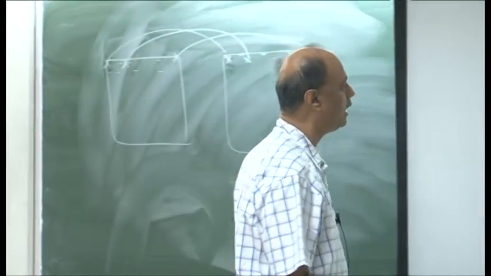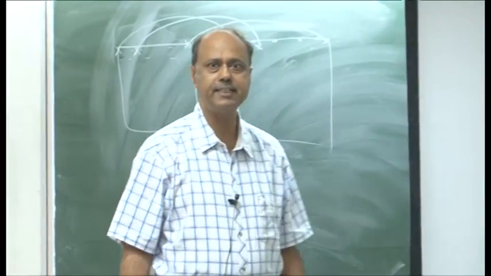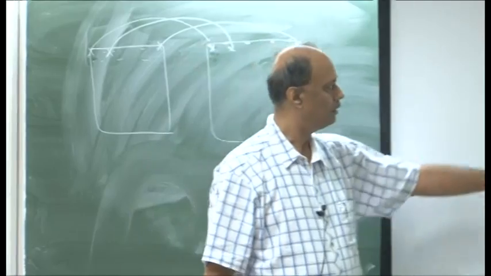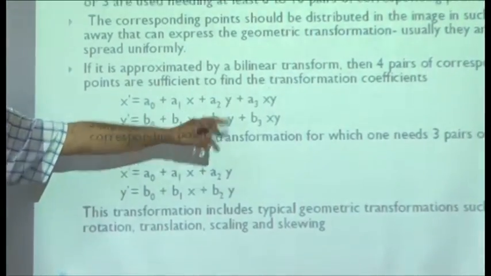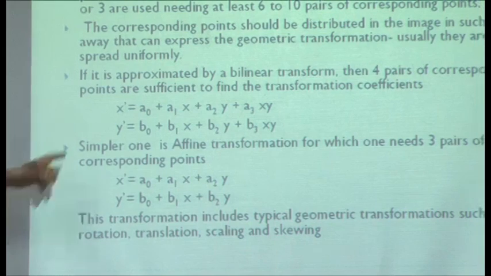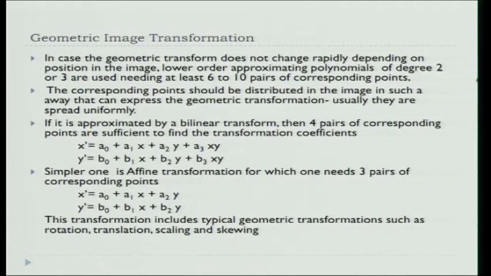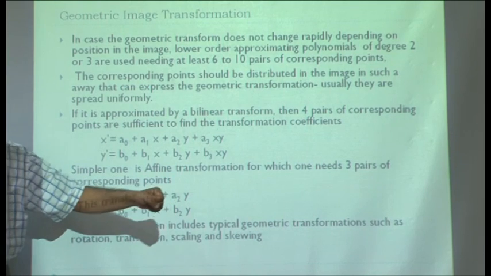So if I have to make the bilinear transformation, x dash becomes a0 plus a1x plus a2y plus a3xy, and y dash becomes b0 plus b1x plus b2y plus b3xy. This is the bilinear equation, a simple formula. So you have 4 coefficients you have to estimate.